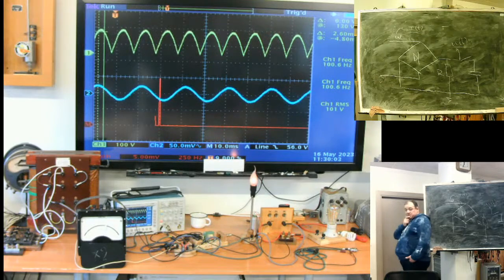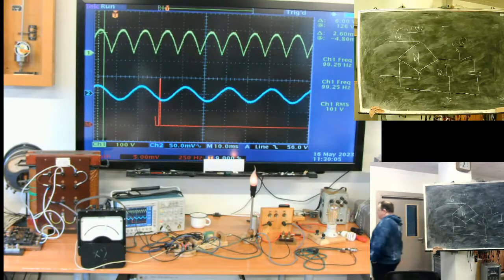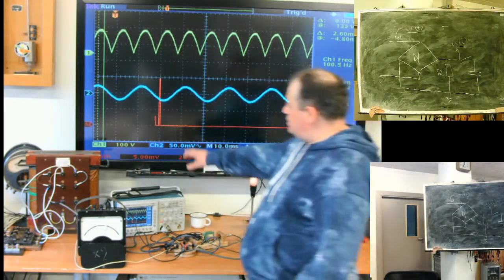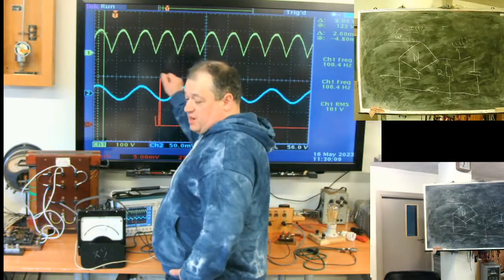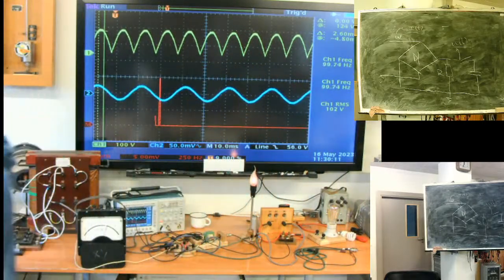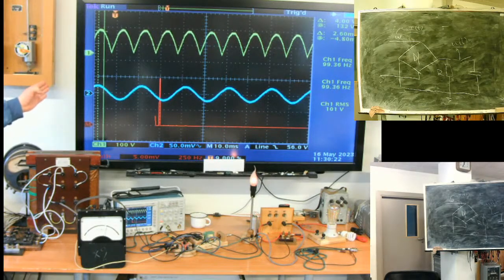No? No problems. Red line is the spectral composition of current. Is this okay? Do you understand what happens?